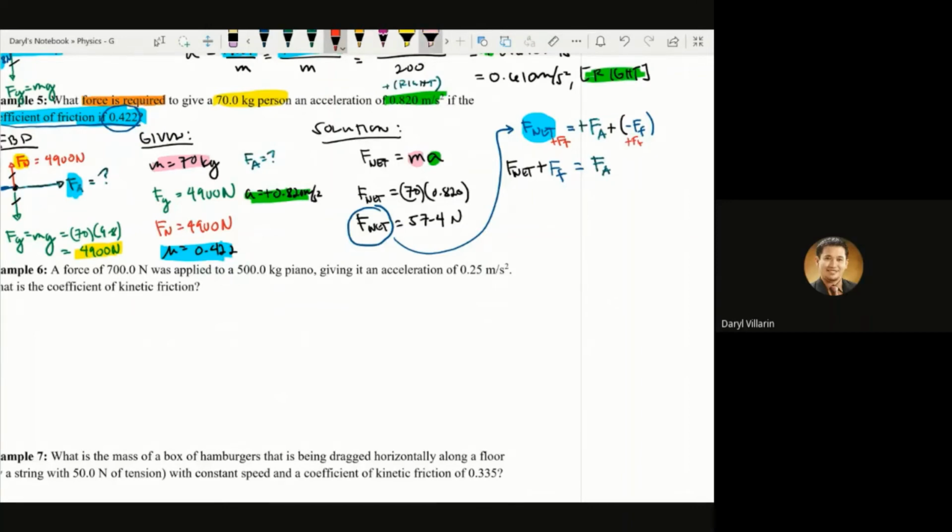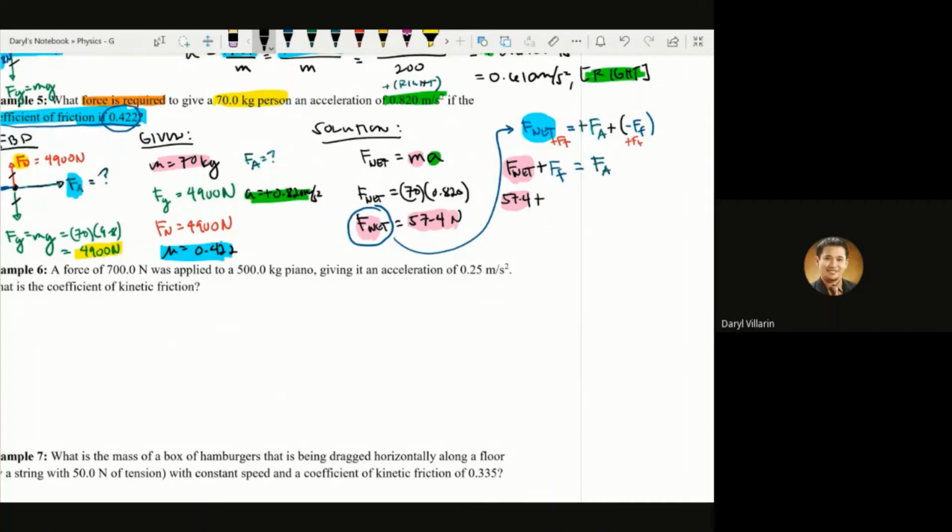Well, in my case, F net is already given, and that is 57.4. So I can substitute that, 57.4 newtons. However, I don't know my Ff.